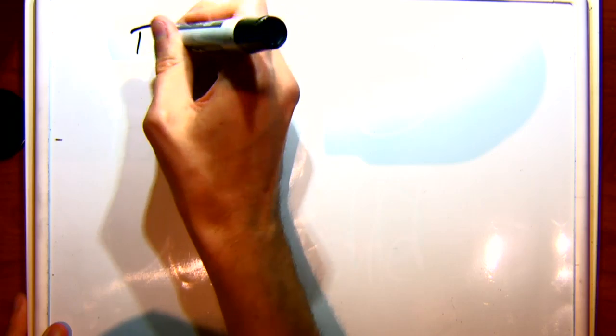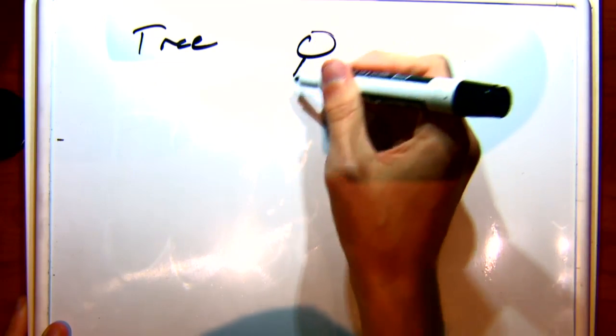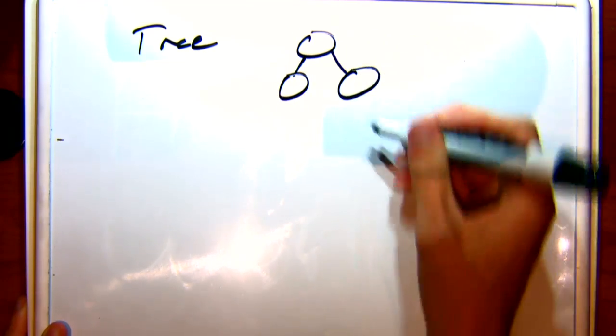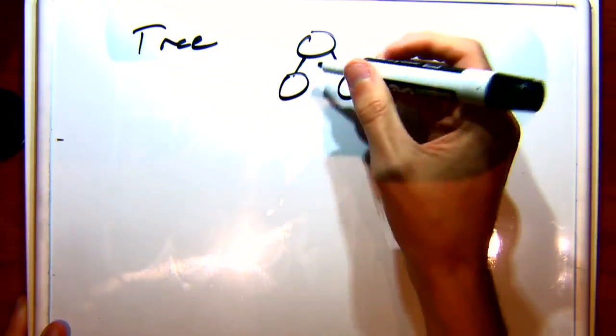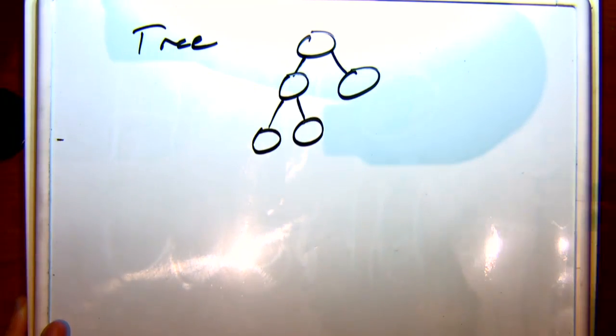It asks, what is a tree? What is a binary tree? So a tree is basically a graph that has one source dividing into multiple other paths.